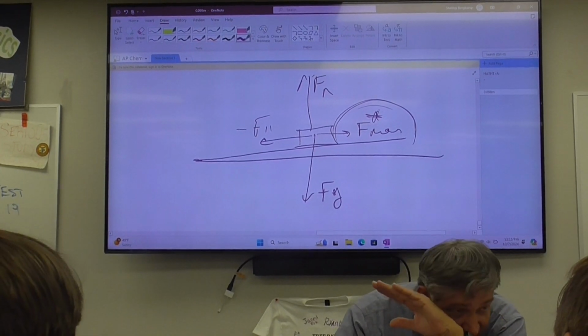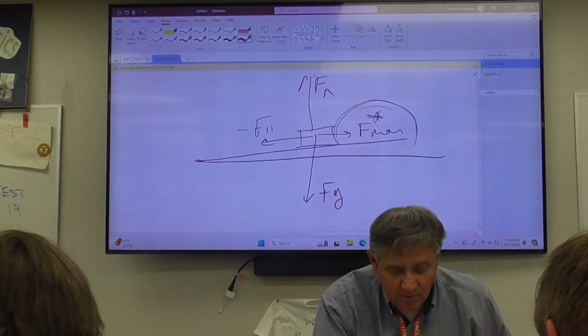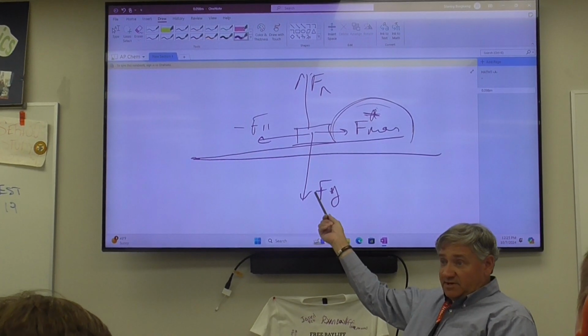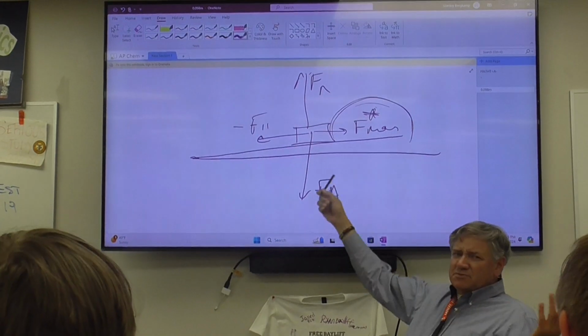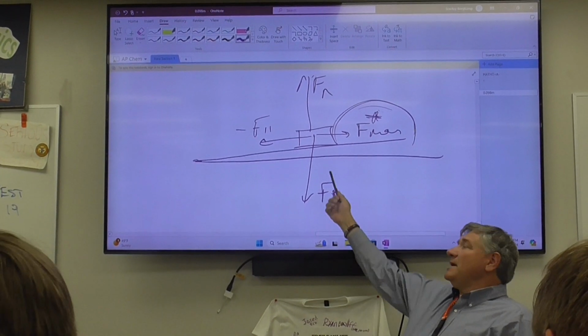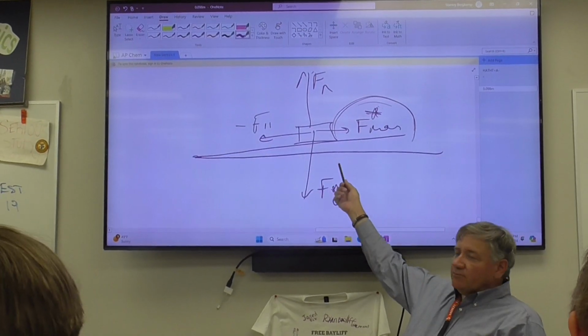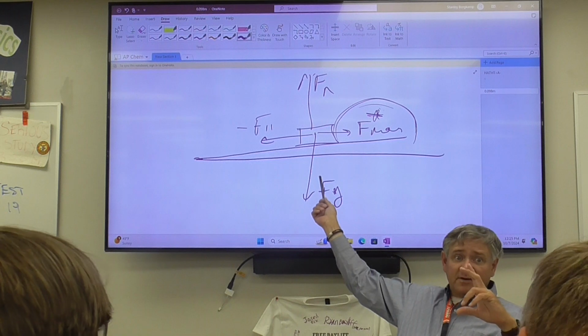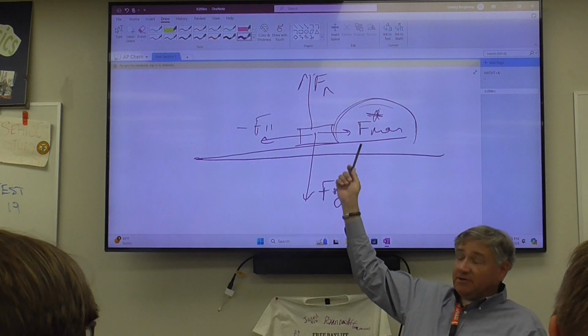But these are vastly different scales. So that's why I said you want to let this gravitational force here and that normal force, which are probably going to be around 15 newtons, maybe you let 2 newtons equal a centimeter, where you divide that by 2 to get the length of that vector, or you can just let 1 centimeter equal a newton.